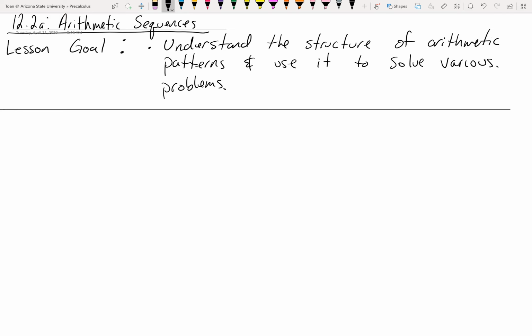So 12.2a will be about these special types of sequences called arithmetic. Now, as discussed in 12.1, when it comes to figuring out the equation, the pattern or the structure of any sequence, that is typically a difficult question because there's nothing to solve for. There are no formulas.